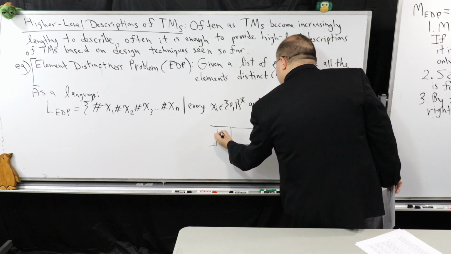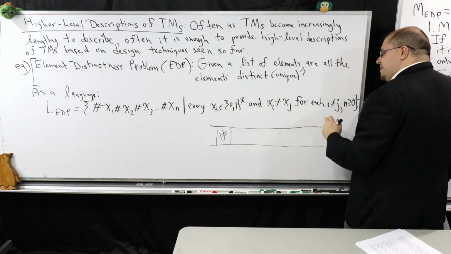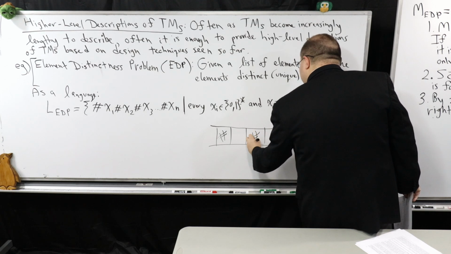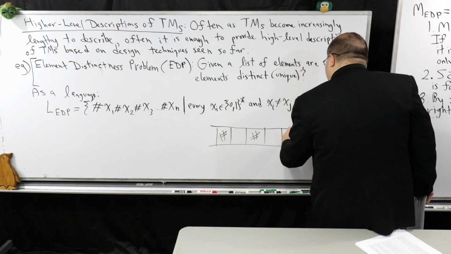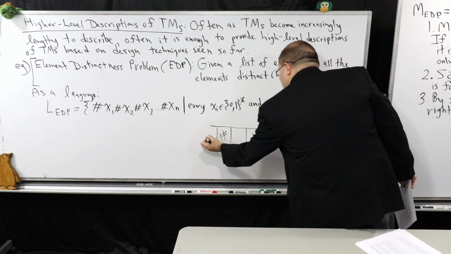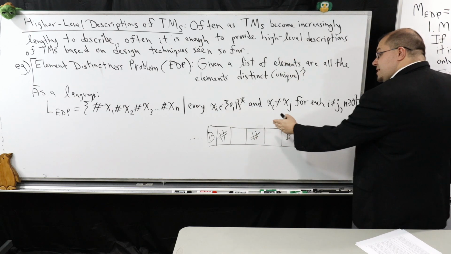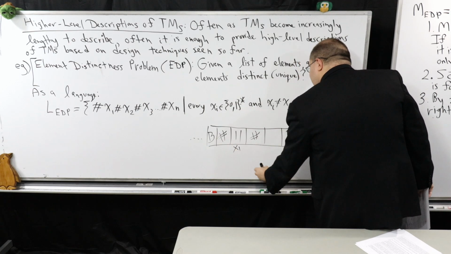Assuming that this thing is a string that is definitely going to be in this language, it's most certainly going to have a form that's going to look something like this. It may have some blanks afterwards, and there's a blank that's going to be right here. And there's going to be a sequence of symbols in here. They're going to represent the cells for x1.